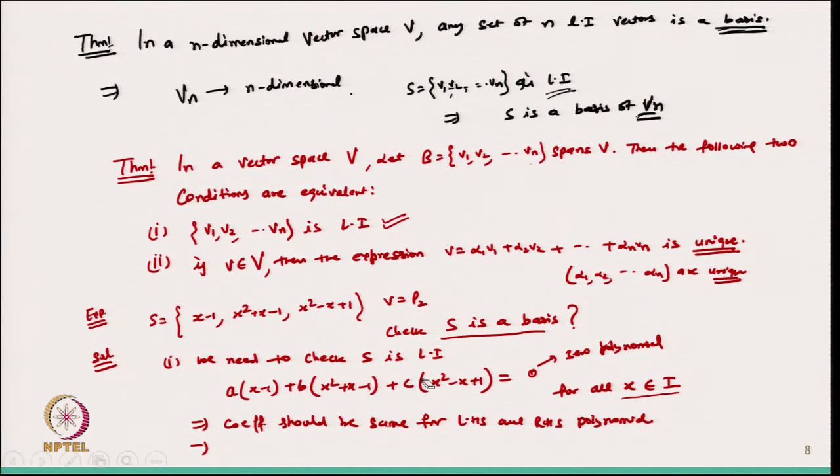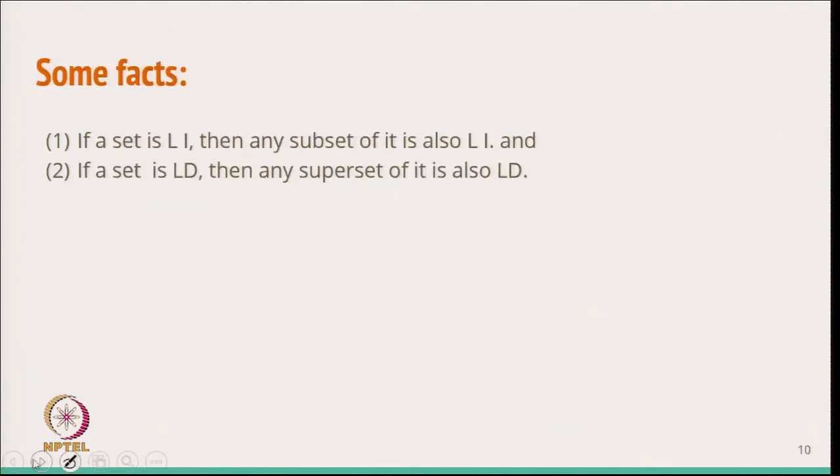So, it is B plus C. Then with respect to x, I can write A plus B minus C, and then the constant term, I can write minus A minus B plus C equal to 0.